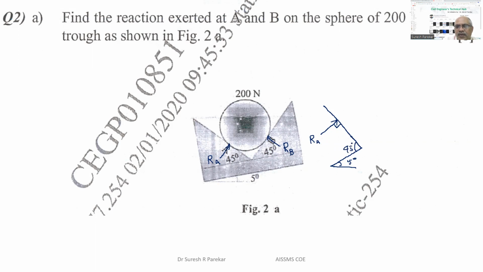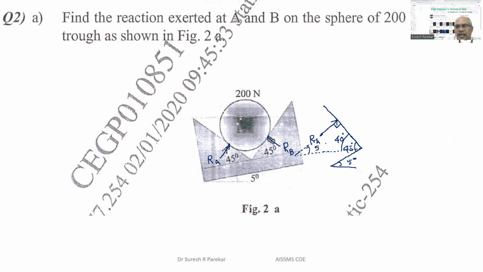Now if we have to find the angle with horizontal, if I plot a horizontal over here, then I will get the angle of this inclined portion of the trough. So this angle I will get as 40 degrees. Now if I extend this RA, then I will get the angle made by reaction A with horizontal.